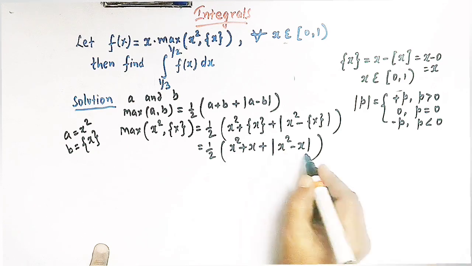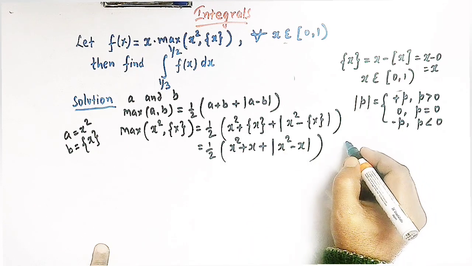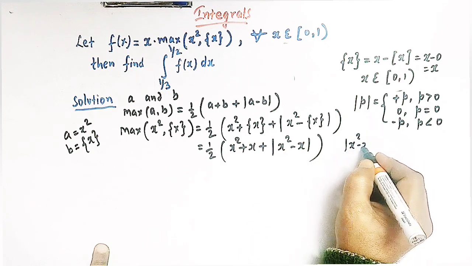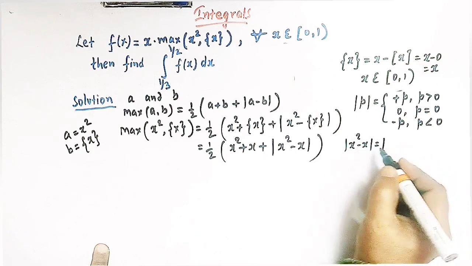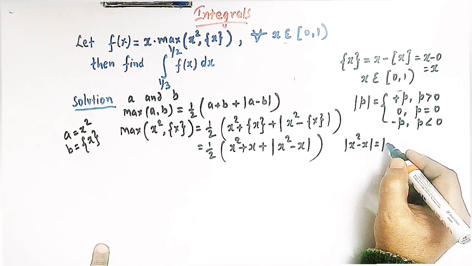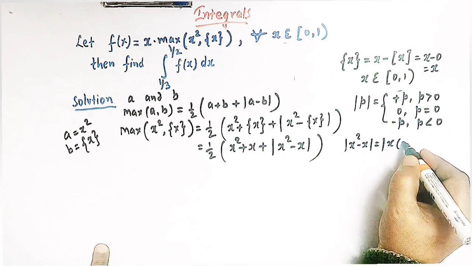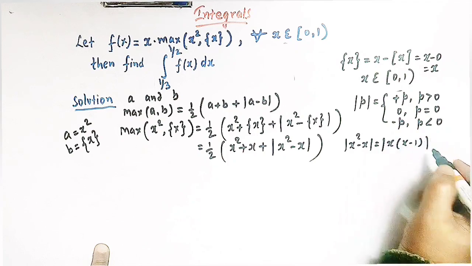So here we have mod of x square minus x, and we can write mod of x square minus x as mod of x times x minus 1.